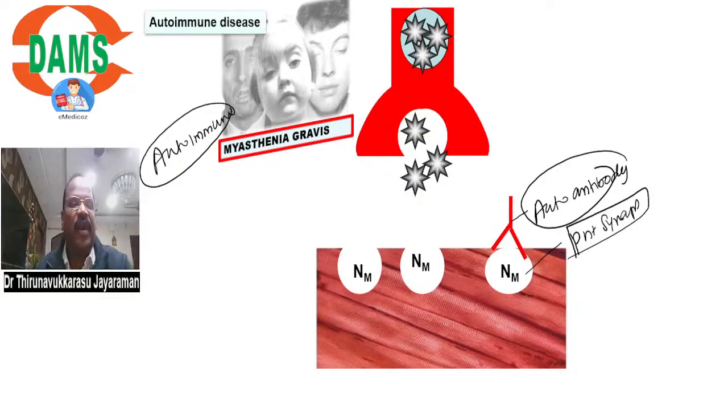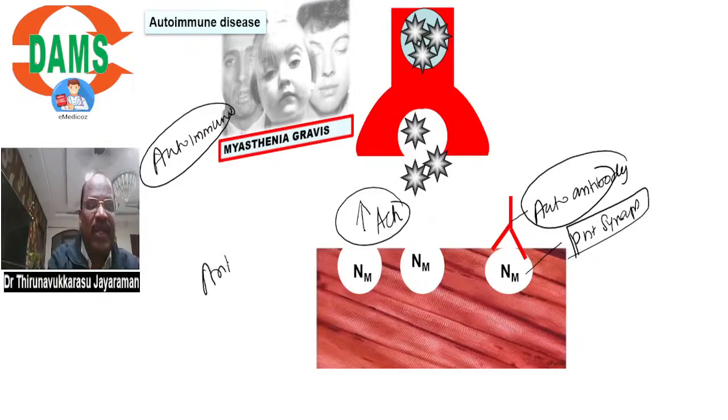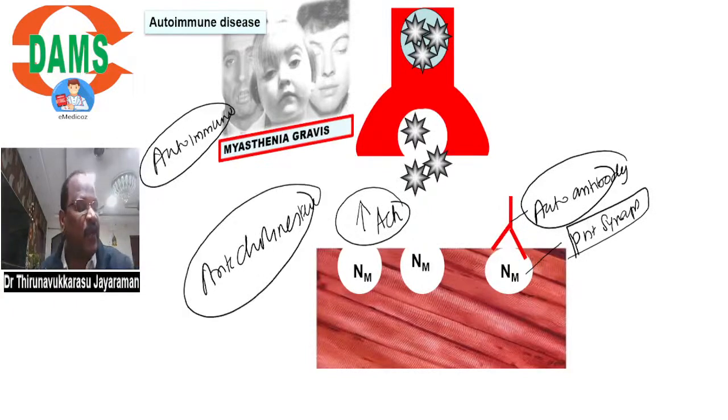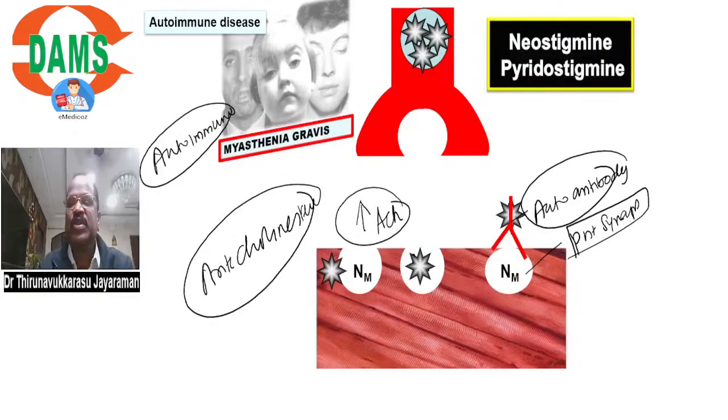Okay, and for treating this condition, we have to increase the level of acetylcholine. For that, we go for anticholinesterase. Now, the most preferred anticholinesterases for treating myasthenia are either neostigmine or pyridostigmine. They gave neostigmine in your question. So, a muscle weakness patient whose symptom is relieved by neostigmine is most probably a case of myasthenia gravis.